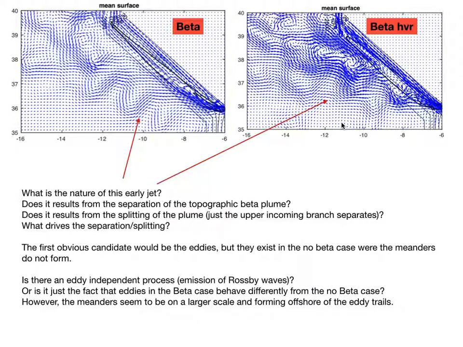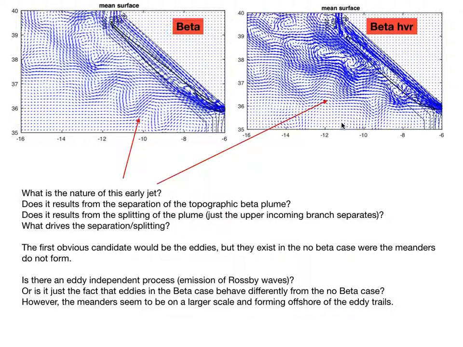But here, what we see is not the splitting of the entire beta plume, but only the inflow branch. The remainder of the plume continues to propagate along the slope.